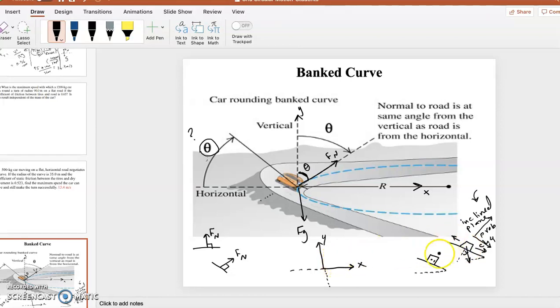Here Fn is with an angle with respect to the y, and mg is exactly downward. So we will decompose the Fn this time, not the Fg. You got the idea, guys?